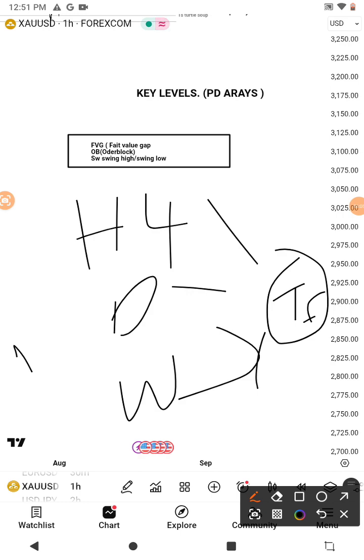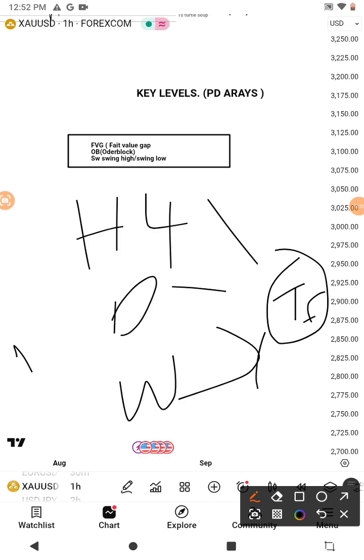A fair value gap refers to the actual value of an asset or a product, stock, or whatever you call it, but those are on the business side, while in forex it's different. It's an area that has value, that has potential. You understand, right?